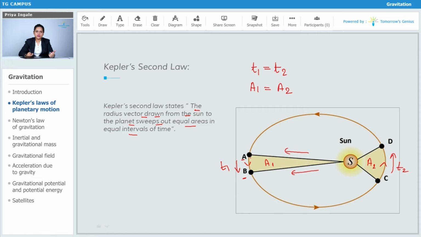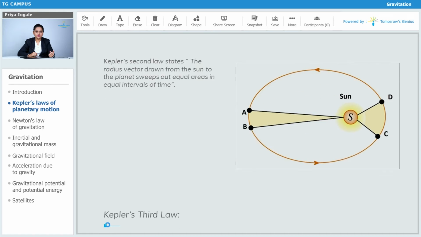Correct. So we have drawn this radius vector. Sweeps out equal areas in equal intervals of time. That means if this radius vector is moving from A to B, the area covered is A1. This radius vector SC moving from C to D, then the area covered is A2, and if this time T1 and T2 are the same, then we get area A1 equal to A2 according to the second law.